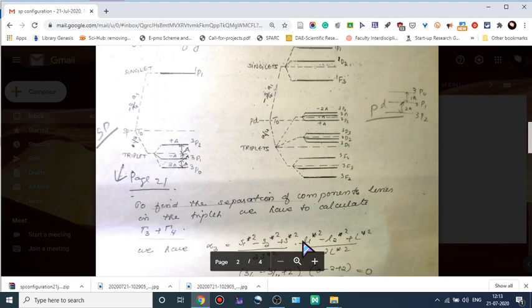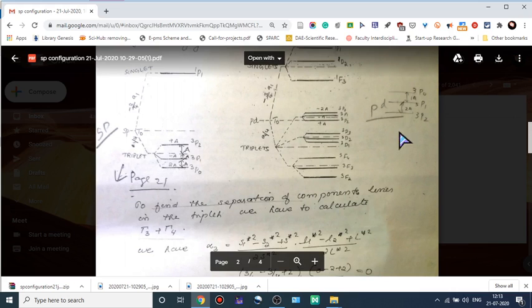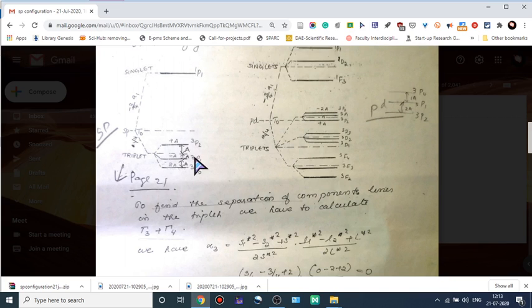See this figure: this is for the sp configuration, and this is the pd configuration. See this 1P1, the singlet state, and 3P2, 3P1, 3P0, the triplet states. And this is the hypothetical term value.